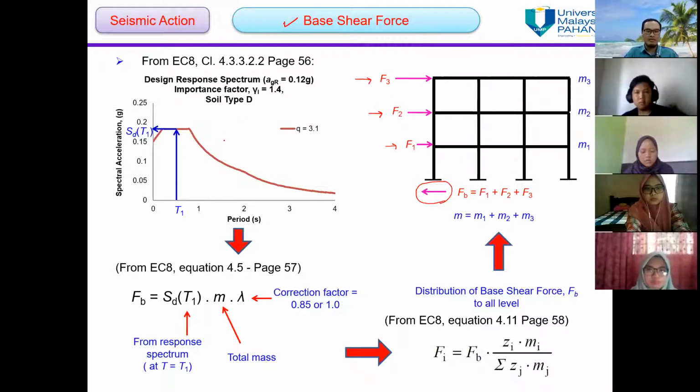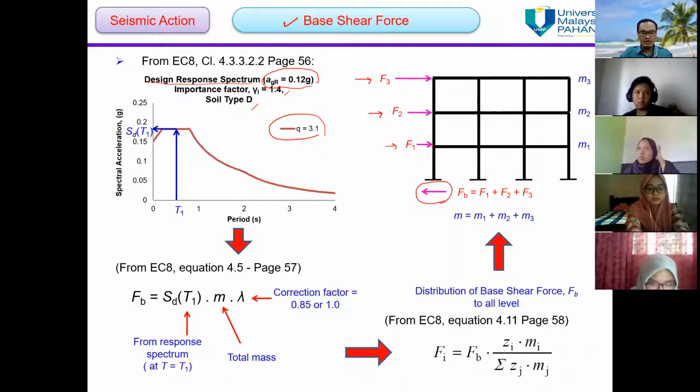As you can remember, in our last lesson, we learned how to develop the design response spectrum for particular seismic regions, depending on the soil type, the importance factor, the reference peak ground acceleration, as well as the behavior factor.